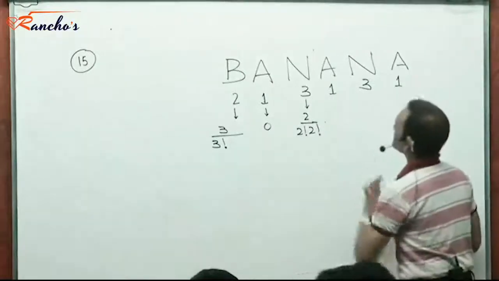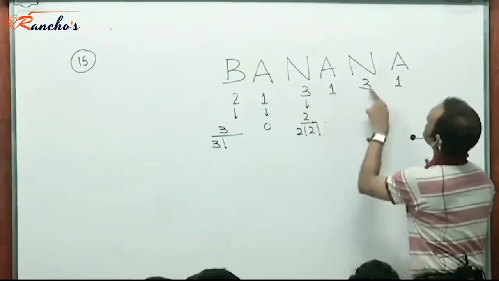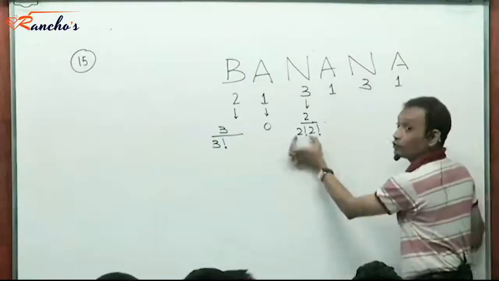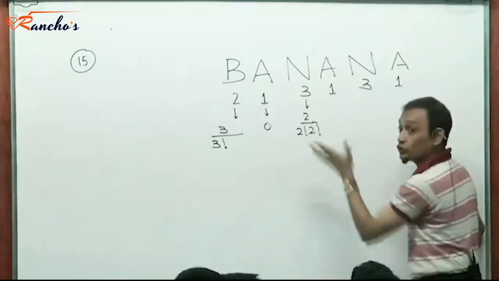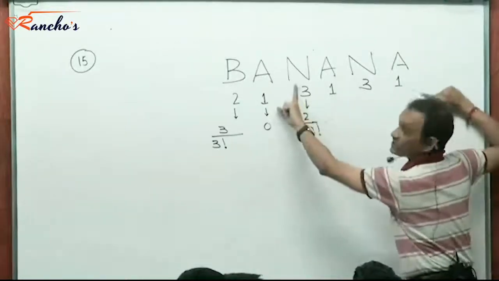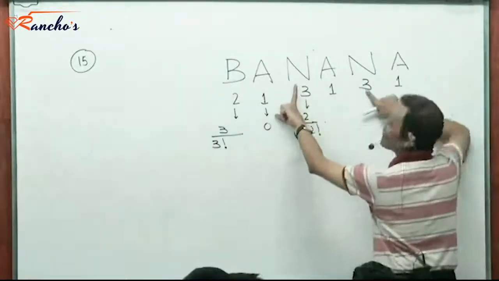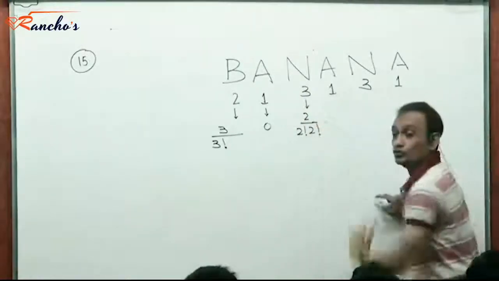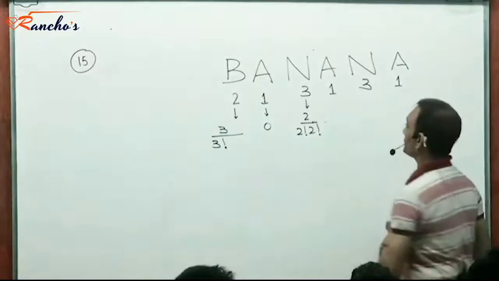All that I'm saying is, how many less than 3 to the right? 2. Now, you have to divide by those that are repeating. When you look at those that are repeating, you include this 3. This 3 and 3 repeating twice, so 2 factorial. This A and A repeating twice, you write 2 factorial, right?